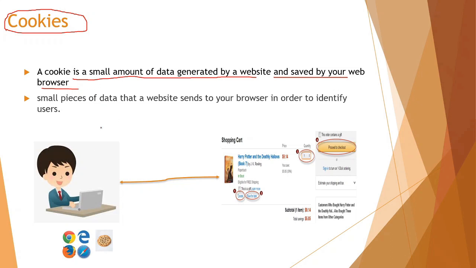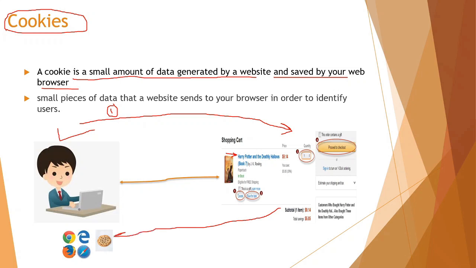So let's discuss how it happens. Suppose this is a client and he is accessing amazon.com to purchase this Harry Potter book. When the client accesses it for the first time, the web browser will send a cookie value, and that cookie value can contain much information, like the username and password for this particular website, or the details about the shopping cart.